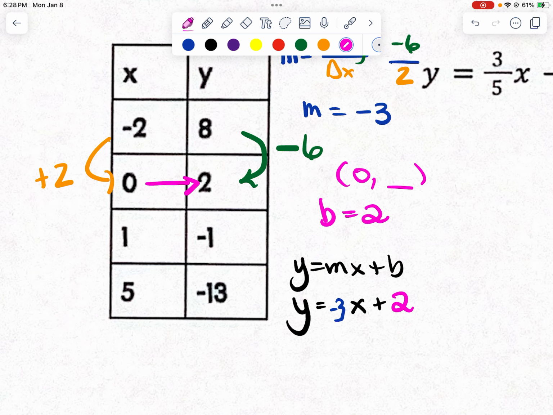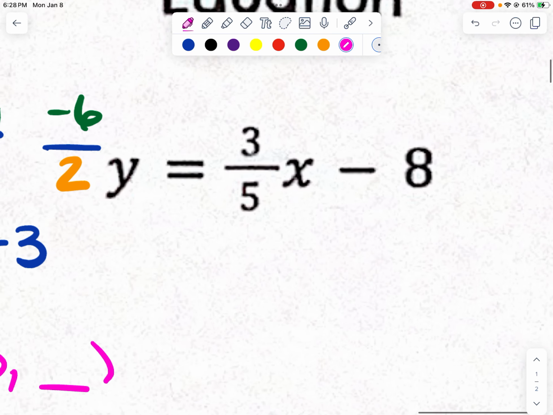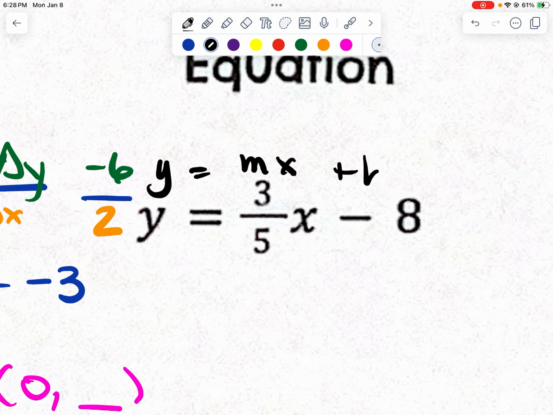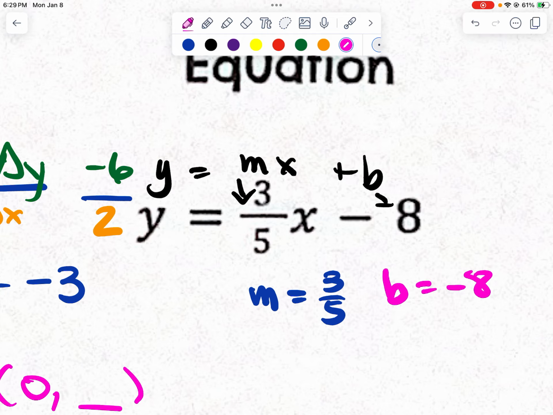Now the cool thing about this next one is, look, it already gave you the equation. So this is my m, this is my b. So my m value is 3/5. My b value is -8.